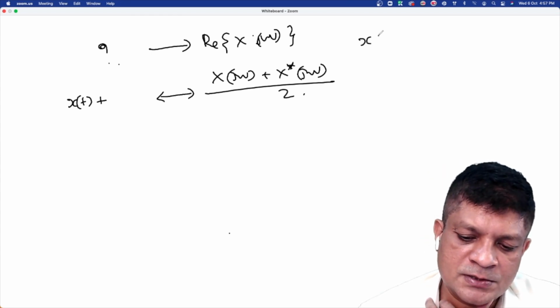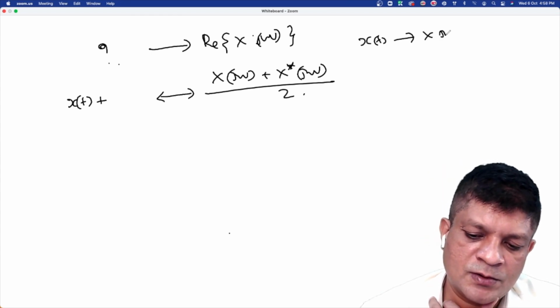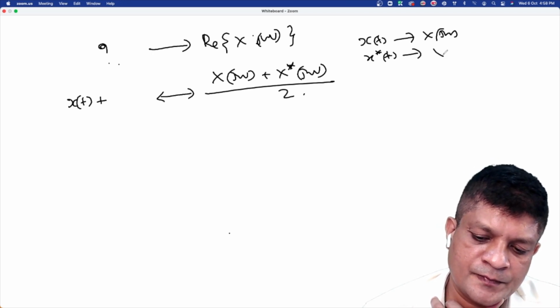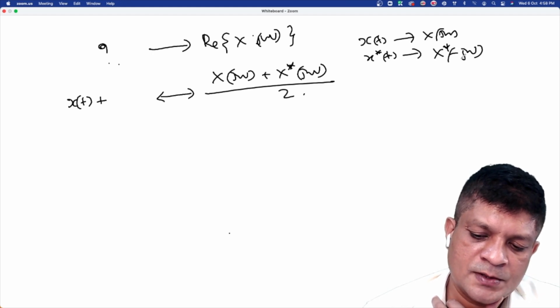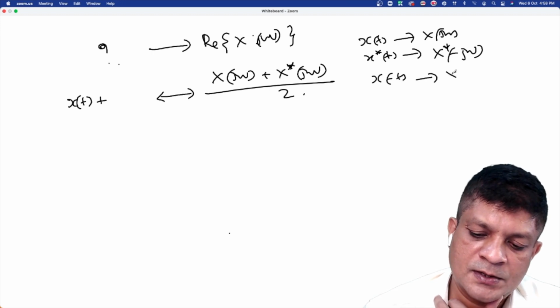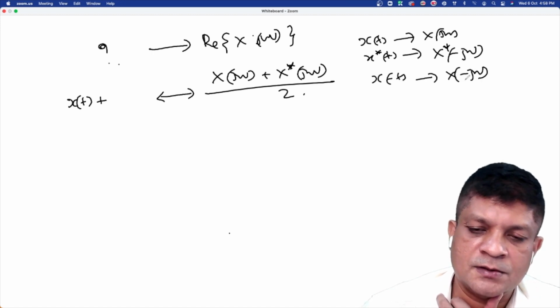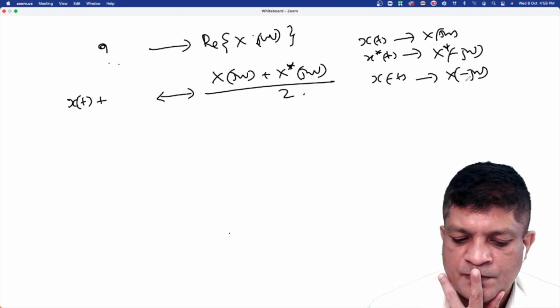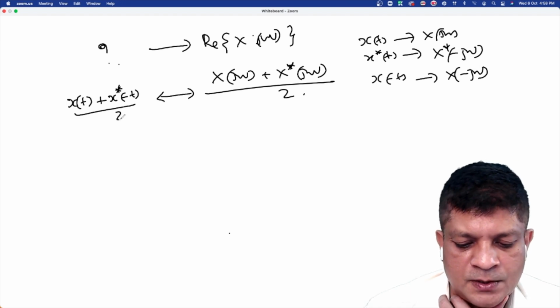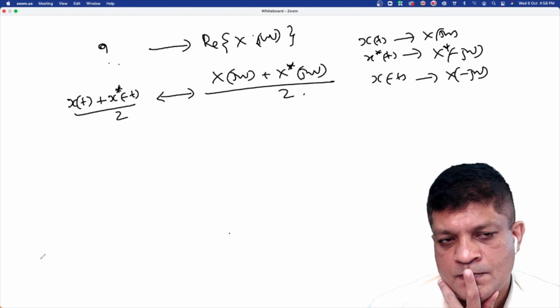The property is that if x(t) corresponds to X(j omega), then x*(t) corresponds to X*(minus j omega), and the other property is that x(minus t) corresponds to X(minus j omega). If we use these two, will you get this as x*(minus t) by 2?